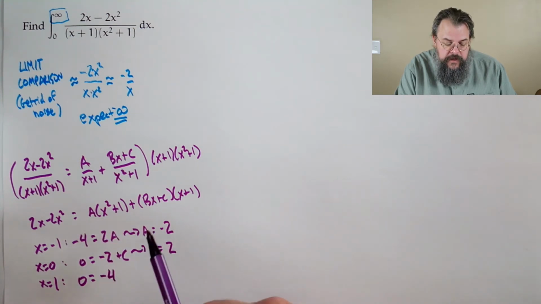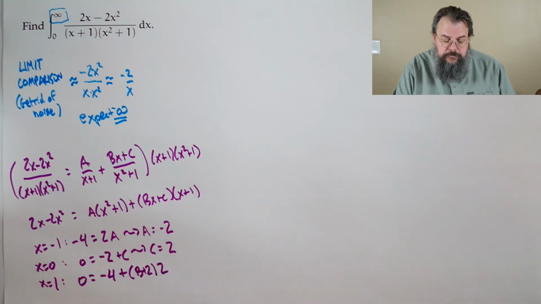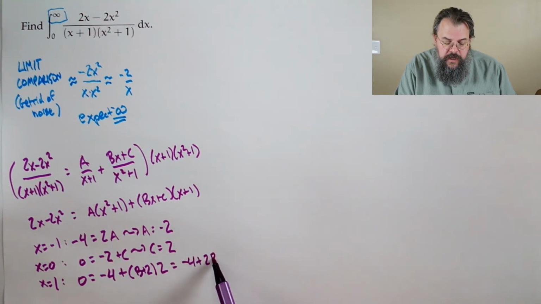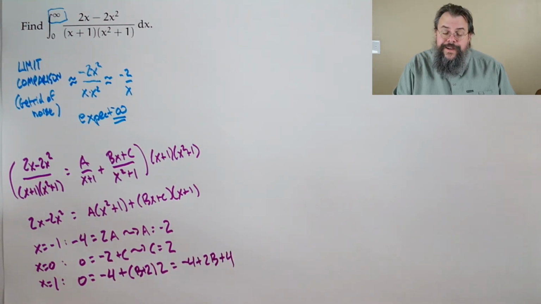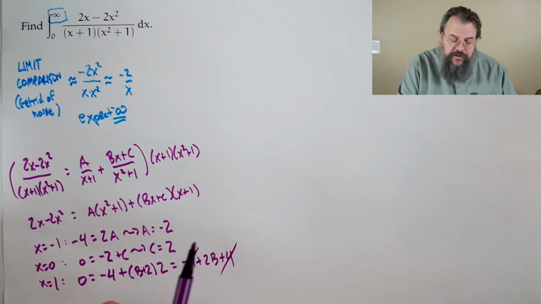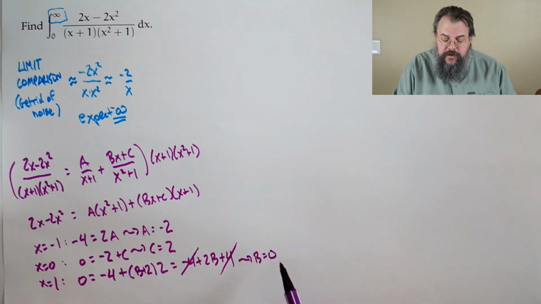And then we have b plus c. Well, c is 2, so this is b plus 2, then times 2. Well, what is that? That's really negative 4 plus 2b plus 4. And the negative 4, positive 4 cancel. 2 times b has to equal 0. So we say, great, b has to equal 0.